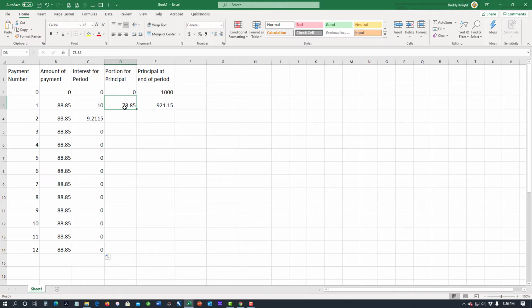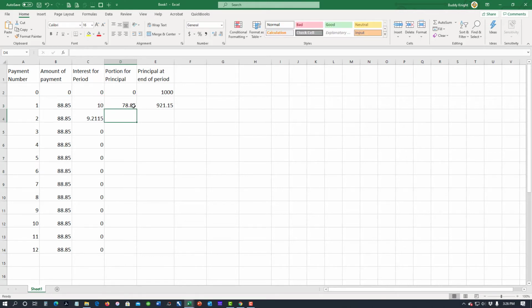Okay, this is already set up as a calculation. No, it isn't. I need to set it up as a calculation and say this equals this amount minus this amount. The amount of the payment, take away the interest.